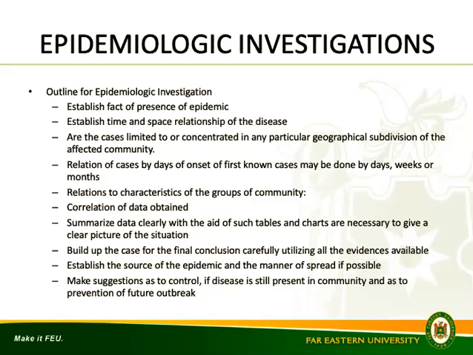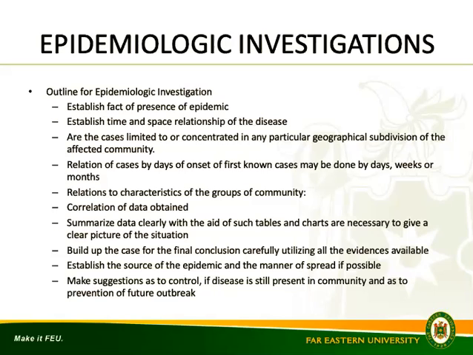Also, we try to study the relation of cases by days of onset of first known cases, which can be reported by days, weeks, or by months. And then we also try to study the relations to the characteristics of the groups of community.